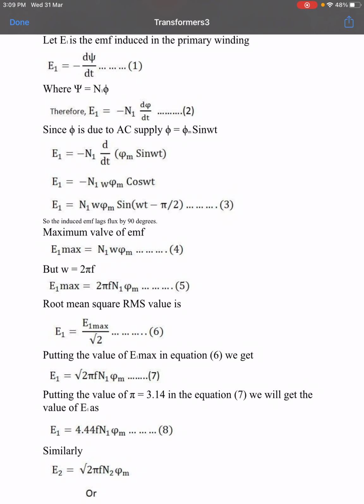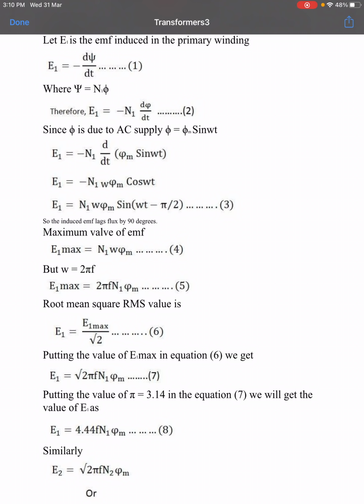Here the flux is from the AC supply, so phi equals phi m sin omega t. So E2 equals minus N2 d by dt of phi m sin omega t, which gives omega cos omega t, so minus N2 omega cos omega t phi m.